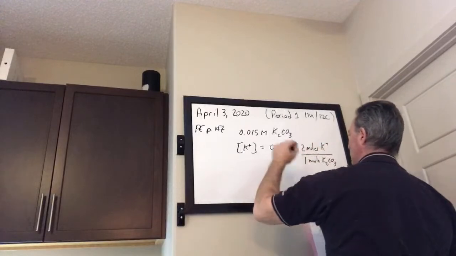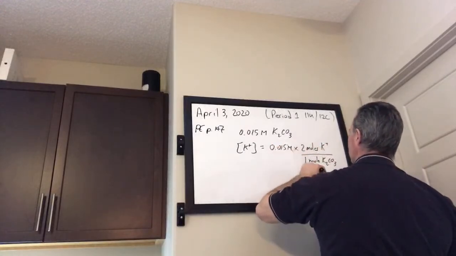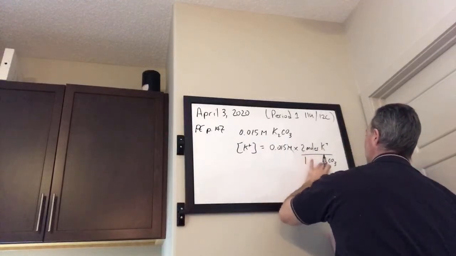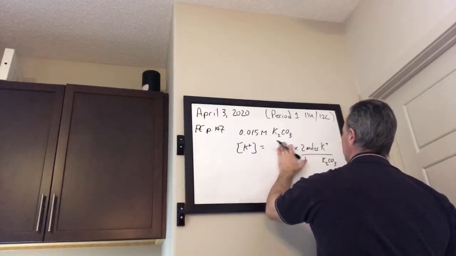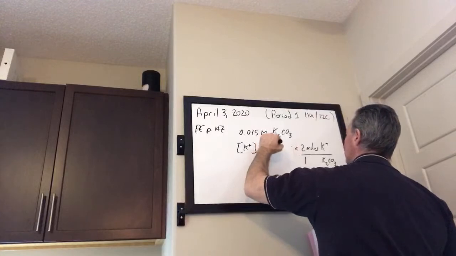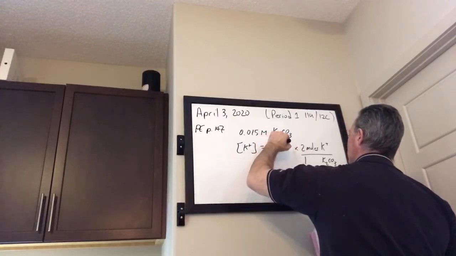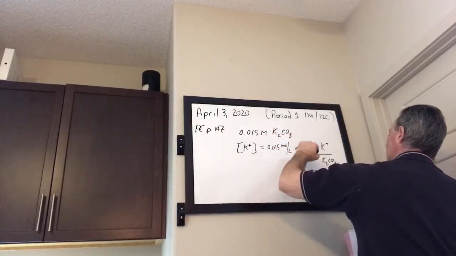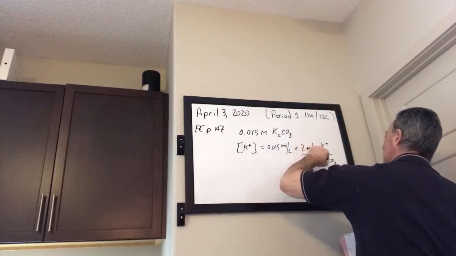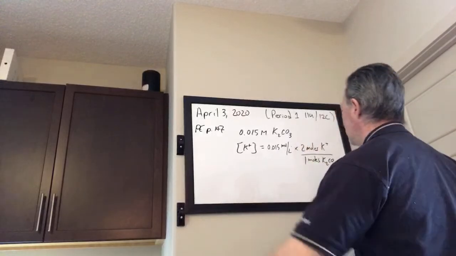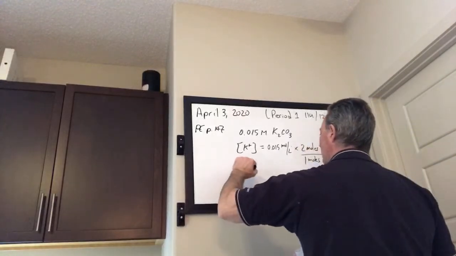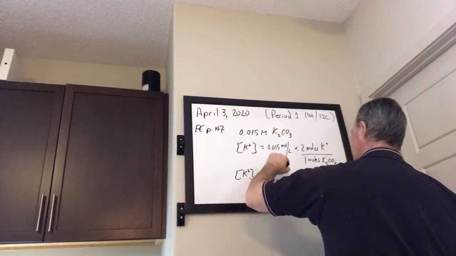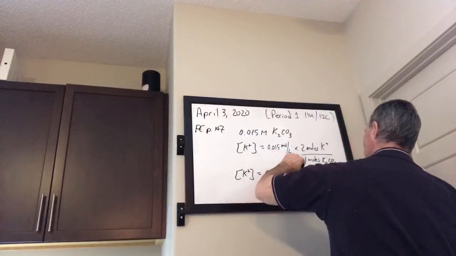If you really want to be a stickler about it, all right, so that gives you a potassium ion concentration equal to 0.030 moles per liter.